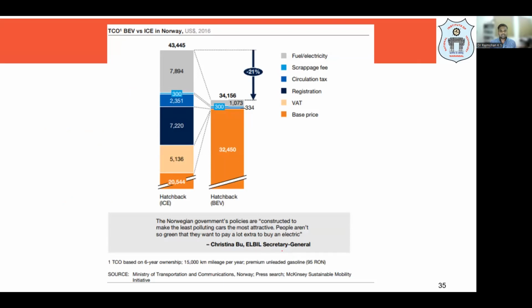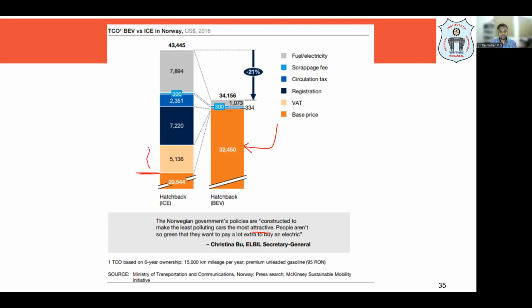If you compare the prices of IC engine versus electric vehicles, Norwegian government policies are constructed to make the least polluting cars the most attractive. So what they did is work out how to match this price, because the cost price and base price of electric vehicles is higher. The base price of an IC engine vehicle is around 32,450, so here the base price is very low.